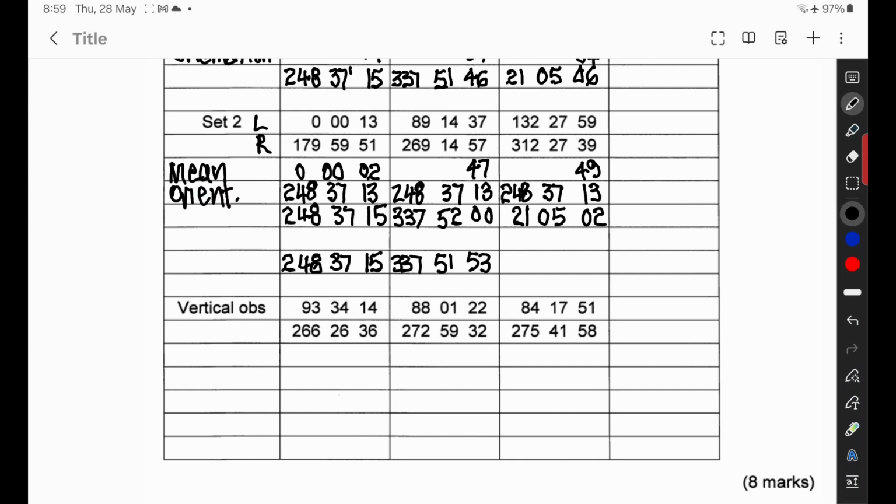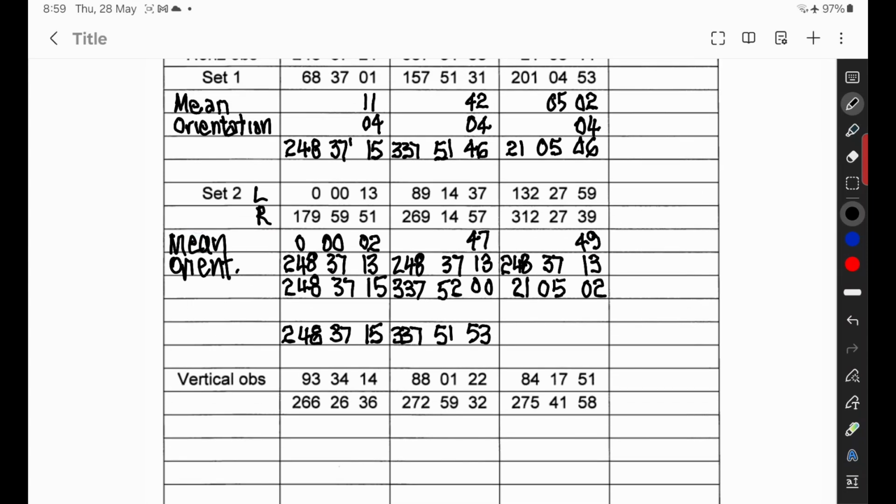Yeah. And 210546. 25. That should be, oh, that's an 06. That's my bad writing there.